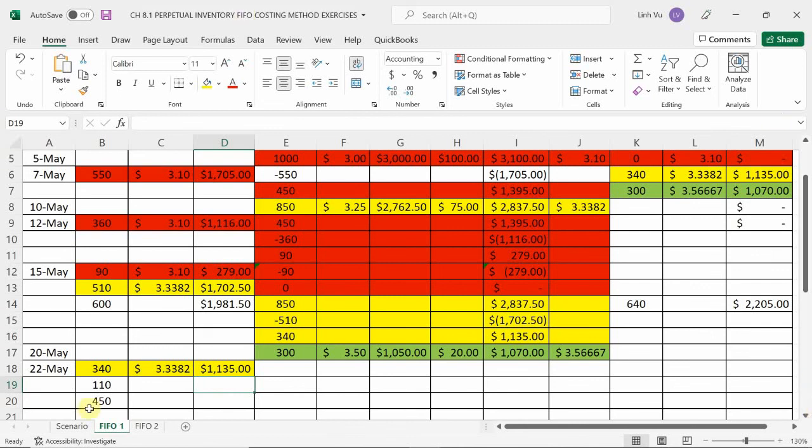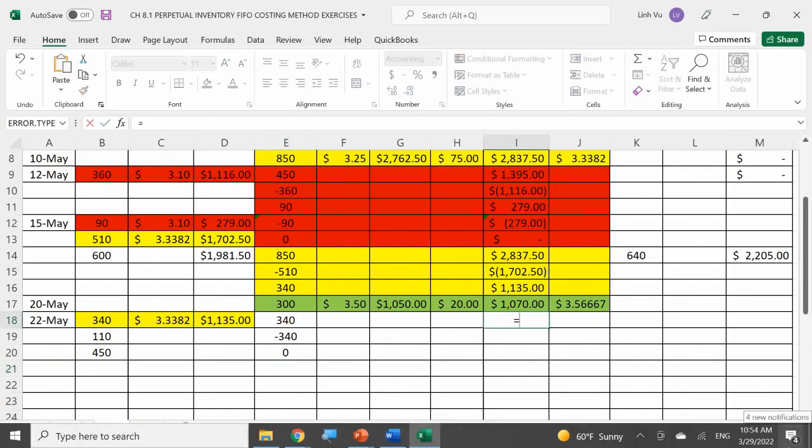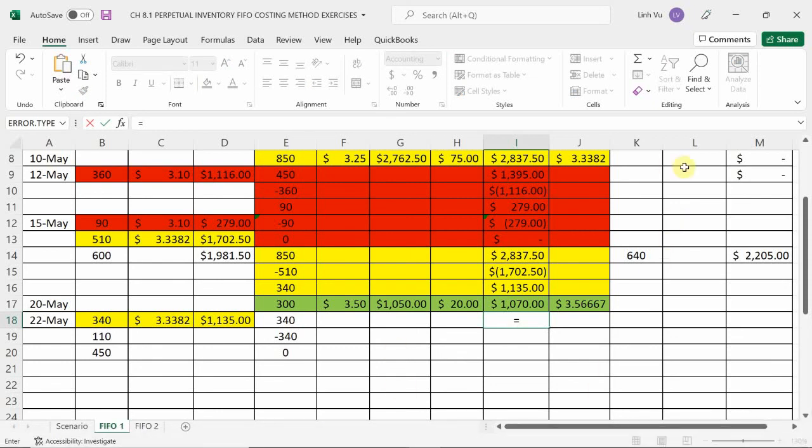So now that I said that I'm going to sell that yellow batch, I'm going to carry my values down and I'm going to subtract that 340 to get me to 0. Okay? So when I'm using Excel, I'm using a lot of cell referencing, which is really simple to do. So what is cell referencing? In this case, I'm just using my equal sign, and I'm choosing the cell that I want to copy. So in this case, I want to copy this 1135.